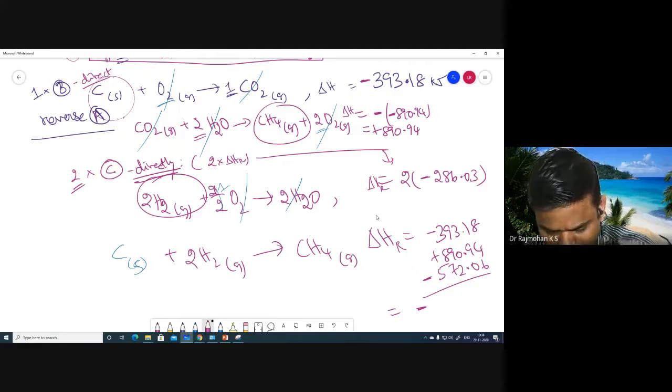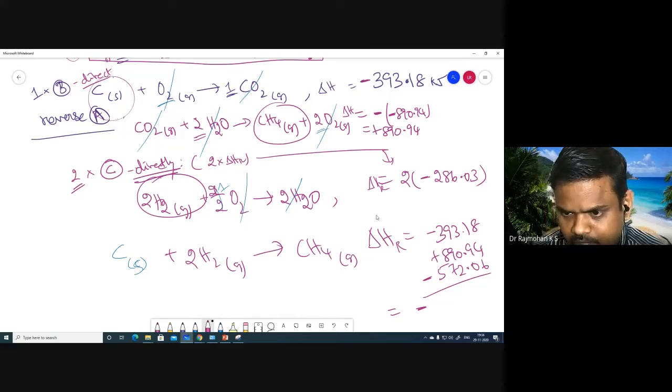Please use your calculator. Don't believe in my values. 393.18 plus 572.06 minus 890.94 gives 74.3. Be careful while using the sign conventions here. That is the most important step.